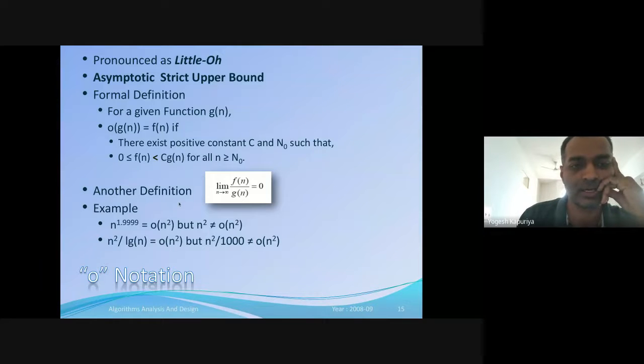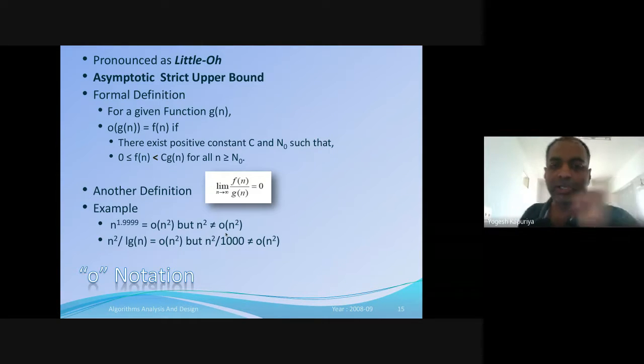Right? Now what the actual difference is you can see over here. N raised to 1.9999 is equal to little o of n square is true, because you can always say that this is always less than n square. But n square is not equal to little o of n square, because n square is equal to n square. And when you have an equal to operation, it means that this is false, and it means that this is not little o of this.